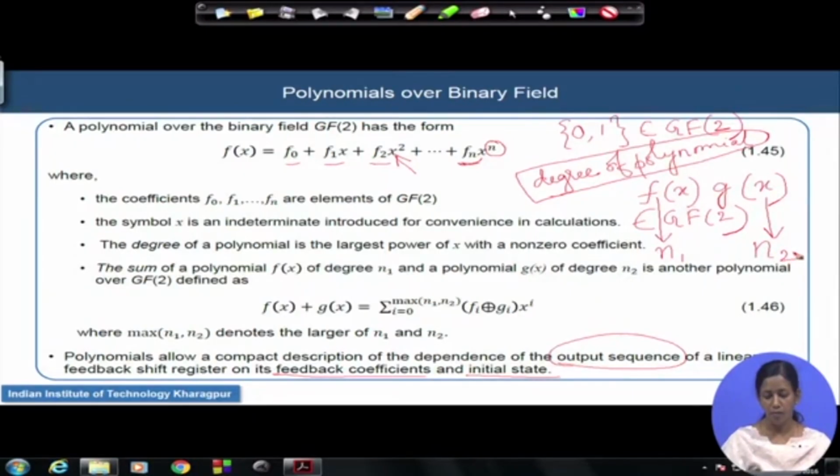Now, given this situation, we will be interested to know how the expression will look if we add these two polynomials and if we multiply these two polynomials.